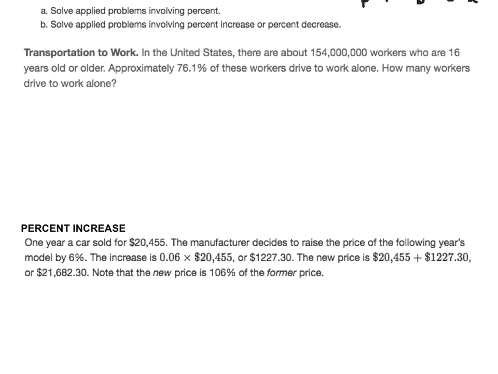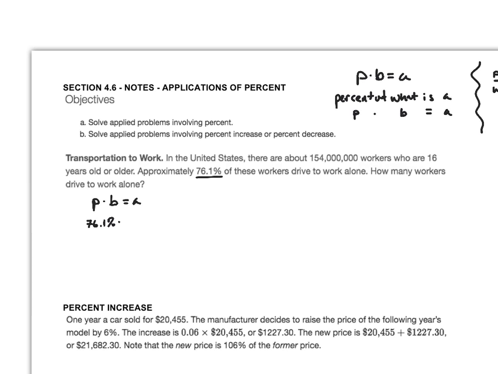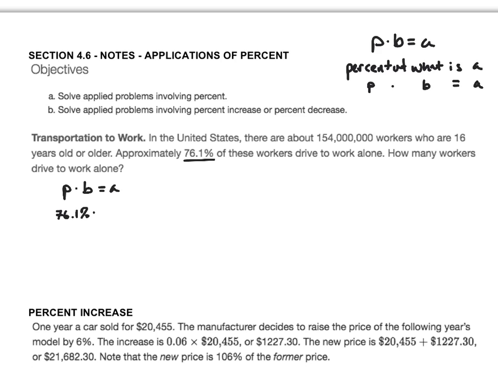So let's translate this, okay? And I'm going to do both. I'm going to do P times B is equal to A, all right? First of all, they give us that 76.1% of these workers drive to work alone. So my P is 76.1%, okay? When I read this portion of the text, how many workers are there?